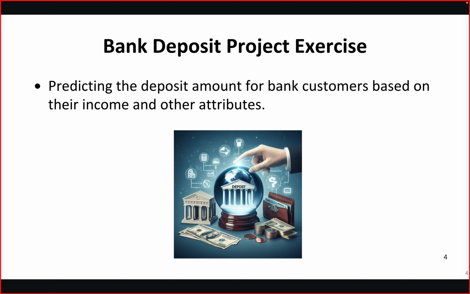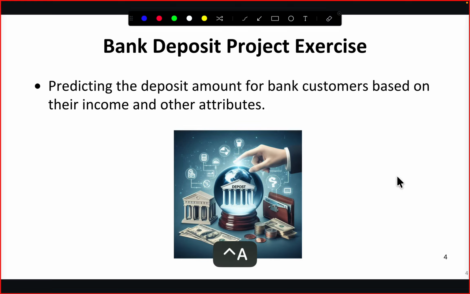So in this case, the target is the deposit amount, right here, based on their income and other features. Again, we call income a feature, right? Other attributes are also features.